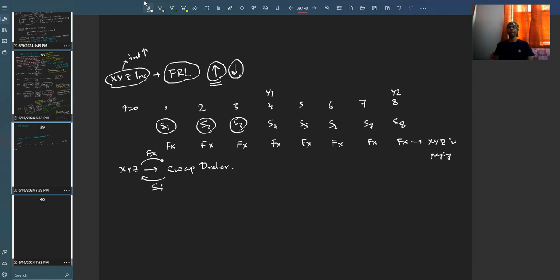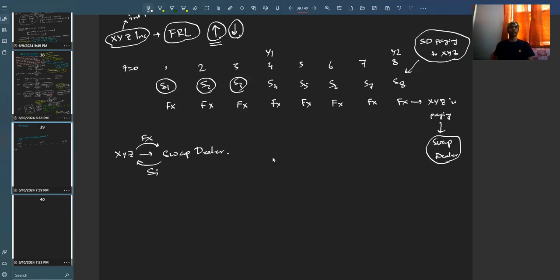So every quarter, this amount XYZ is paying. And it is paying to whom? It is paying to the swap dealer. And in exchange, these floating rates S1 till S8 are being paid by the swap dealer to XYZ. So these variable payments are being paid by the swap dealer to XYZ. Okay, so this is a fine setting.